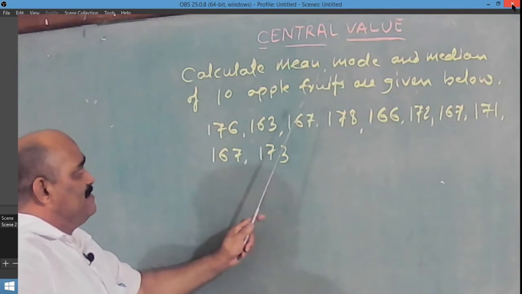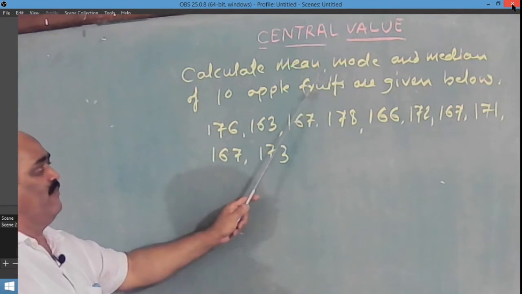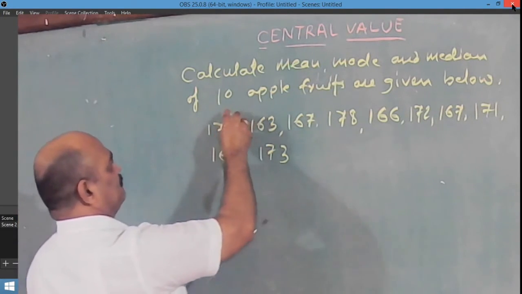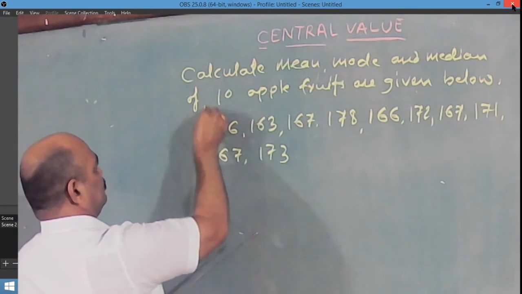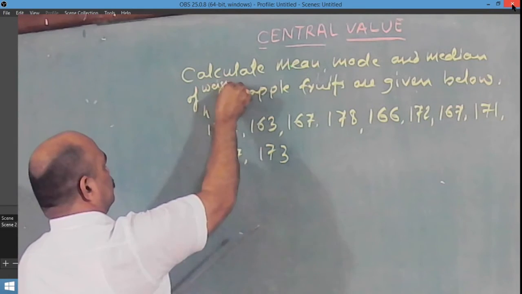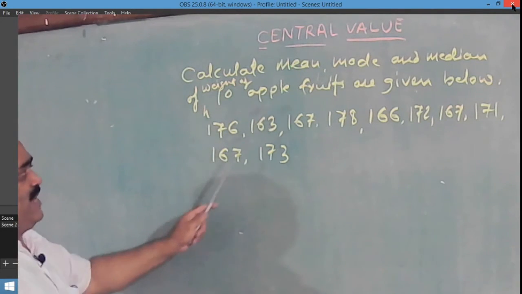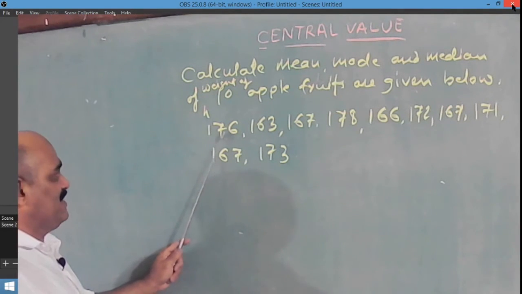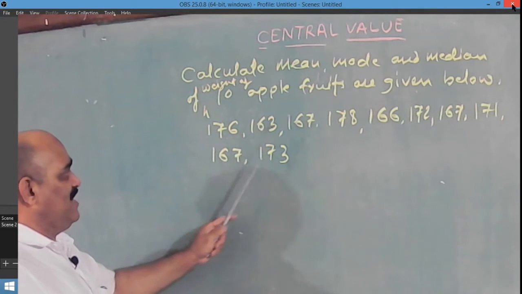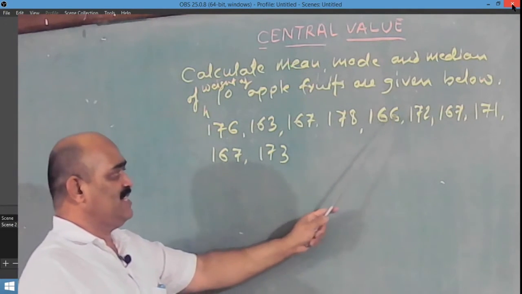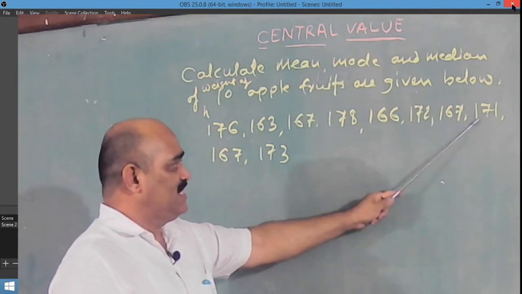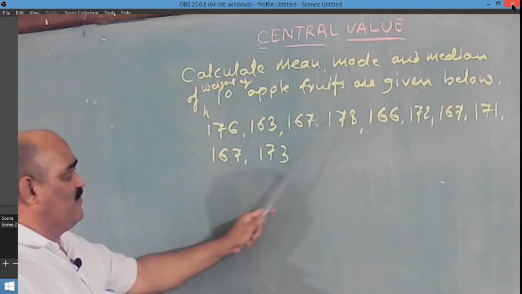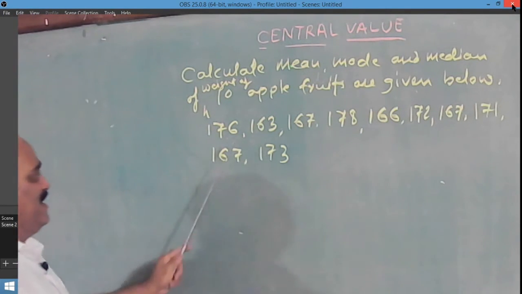This is the weight of 10 apple fruits in grams. The first apple has 176 gram, then 163, 167, 178, 166, 172, 167, 171, 167 and 173. That is 1, 2, 3, 4, 5, 6, 7, 8, 9 and 10.